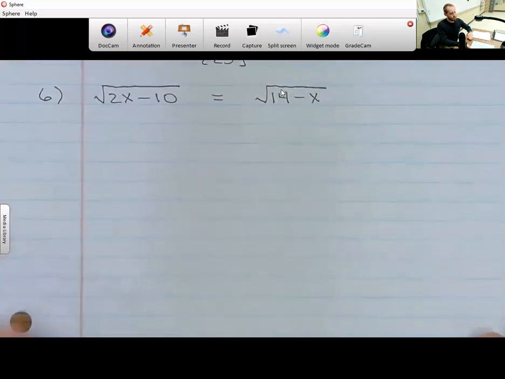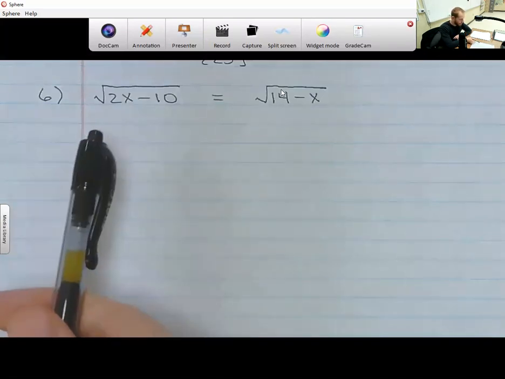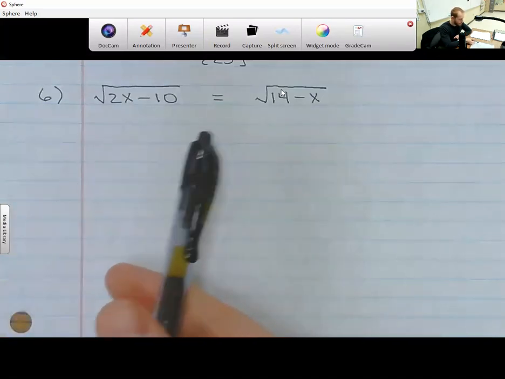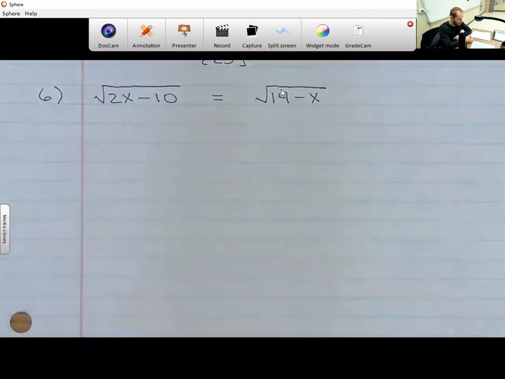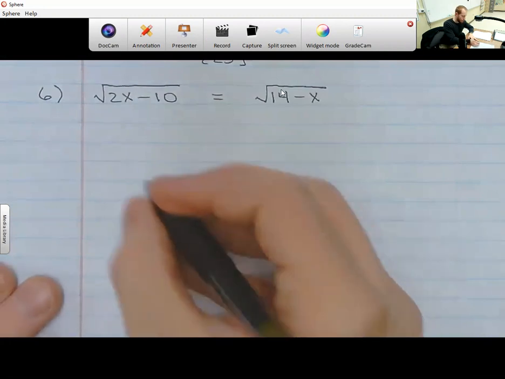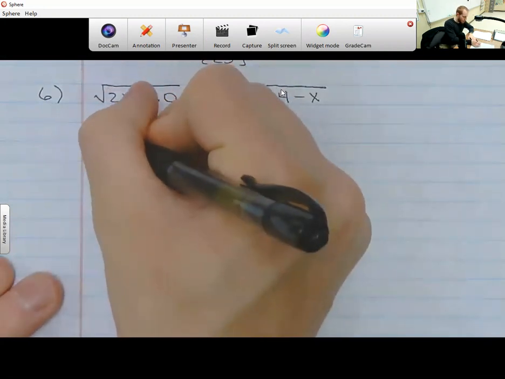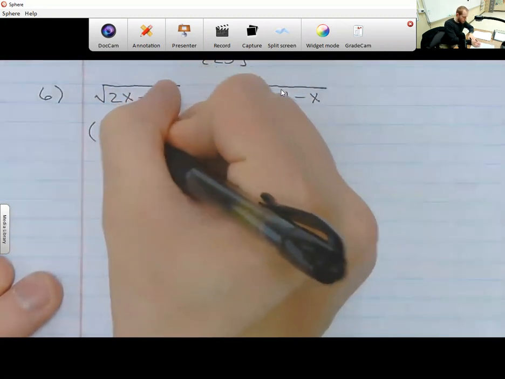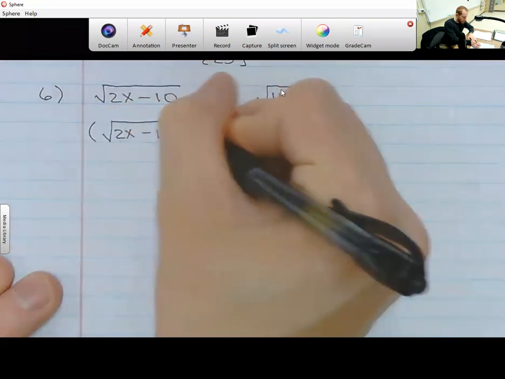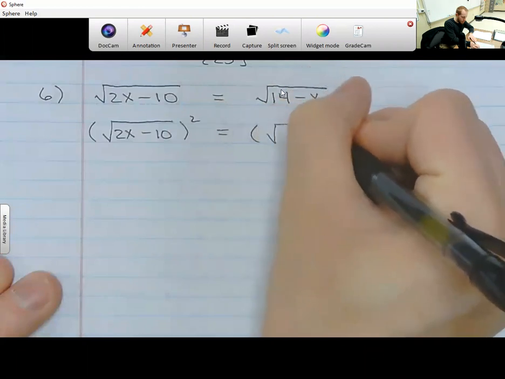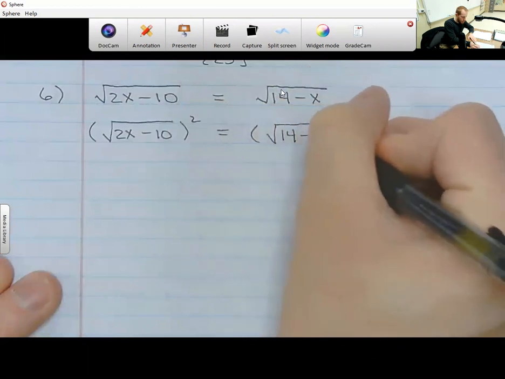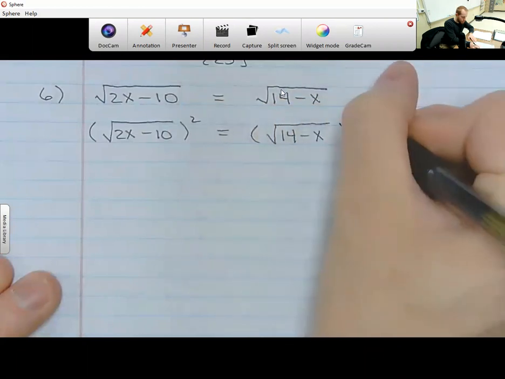So for this one, I've got 2 square roots, right? One on the left side, one on the right side. There's nothing else around them that I can see. So I'm just going to start off by squaring both sides. That'll get rid of the square root at least. So I'm going to put this side in parentheses and square it, and I'm going to put this side in parentheses and square it.